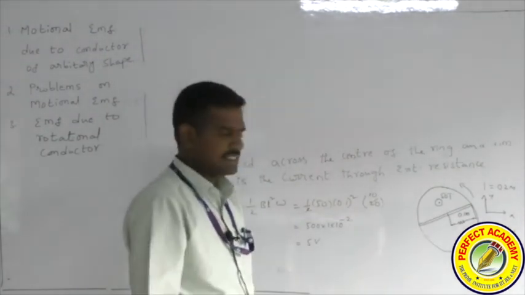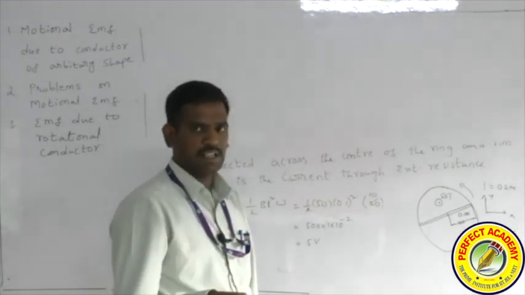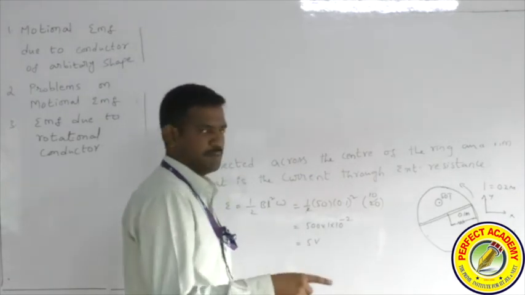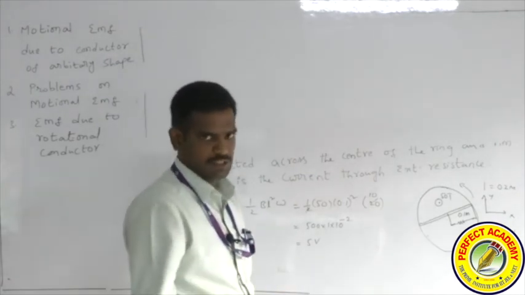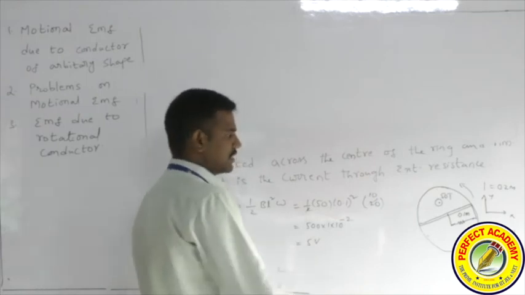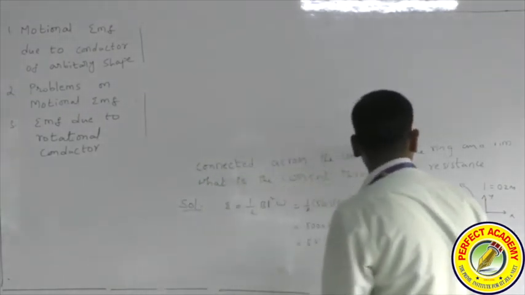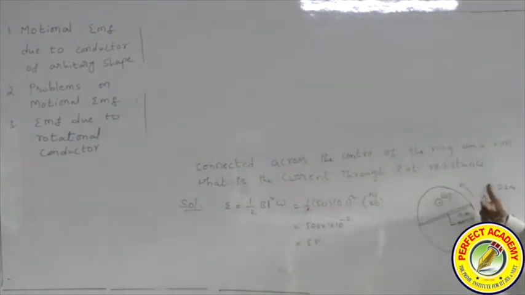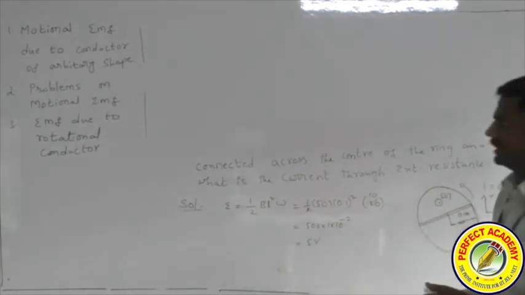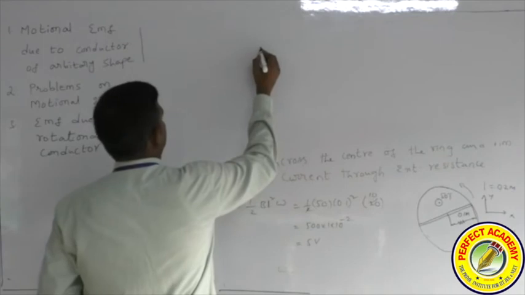To draw this equivalent circuit, I should know the direction of induced EMF. Since it is rotating like this and the direction of magnetic field is out, this is the direction of the magnetic field and this is the direction of rotation. Therefore, this end will have more potential and this end will have less potential.